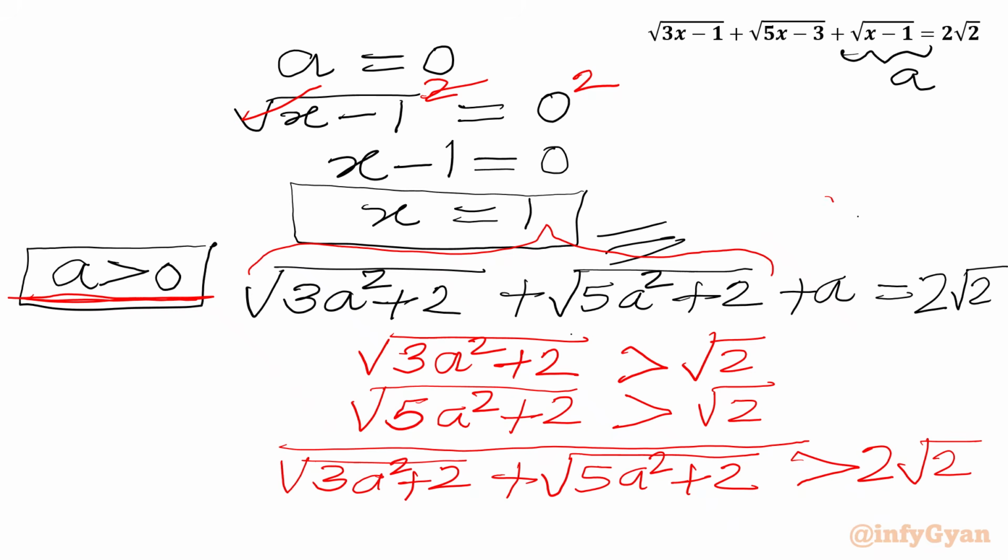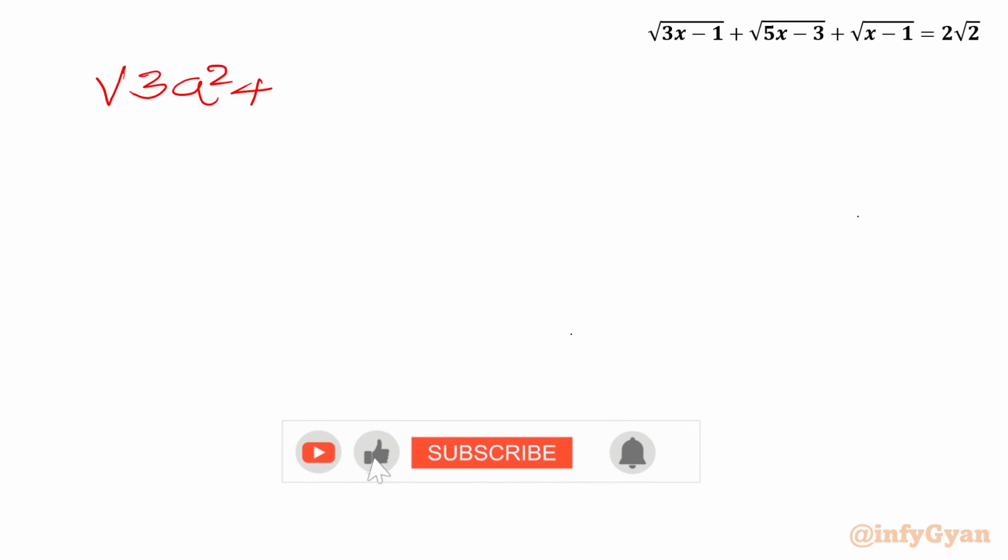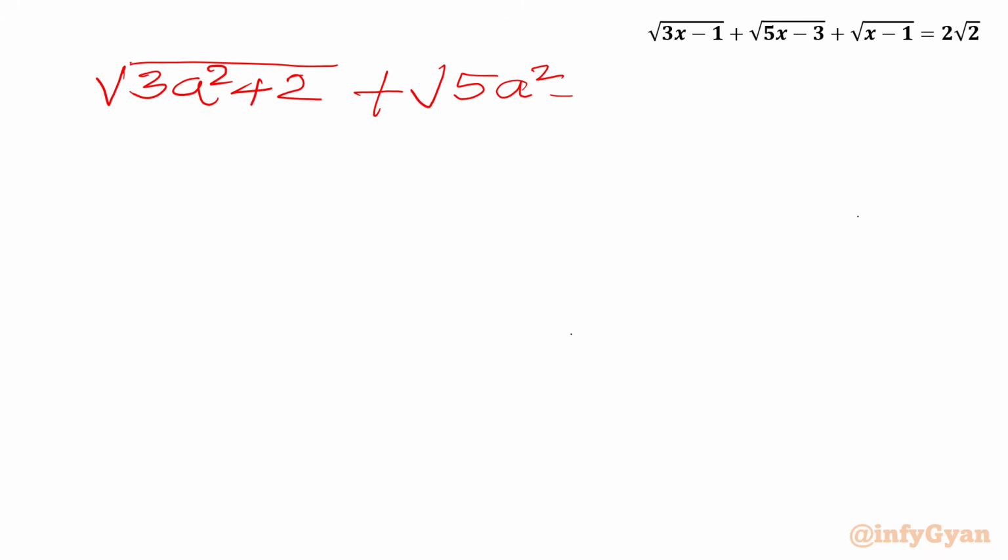And we are adding one number which is positive. How will it be equal to 2 root 2? Let me write here: square root 3a square plus 2 plus square root 5a square plus 2 plus a equal to 2 square root 2.